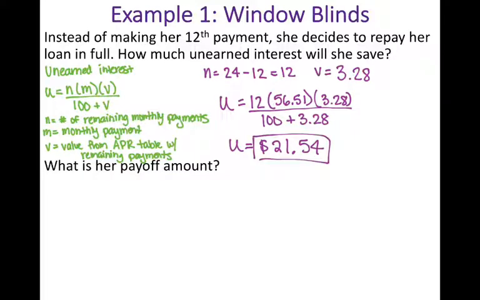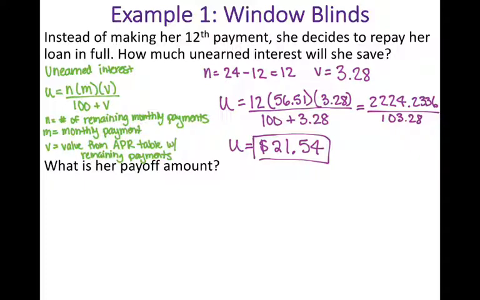Now, what I would recommend doing so you don't make a mistake in the calculator is combine the numerator first. The numerator was 224.2336, and I divided that by 103.28. And that's where the 21.54 came from. Okay, so that's the unearned interest.